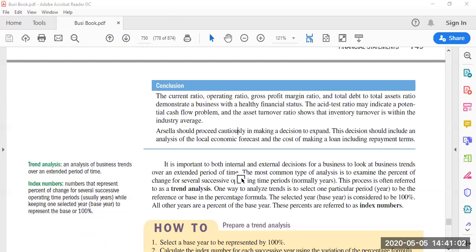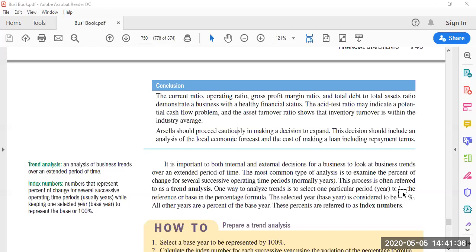Now, a trend analysis usually takes a particular year and uses that year as the basis to compare against other years. So you can quickly decide what year you want to use to create your trend from. That's your base year. So you take the data from all those other years that you want to compare and create your trend from, and base that on whatever year you select.